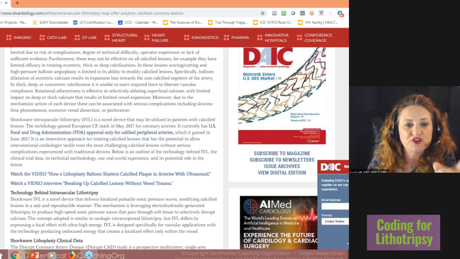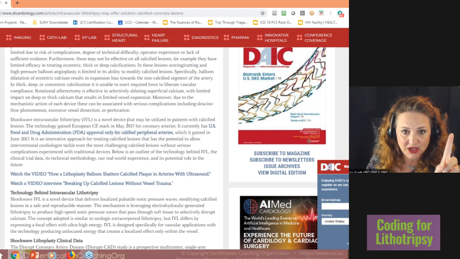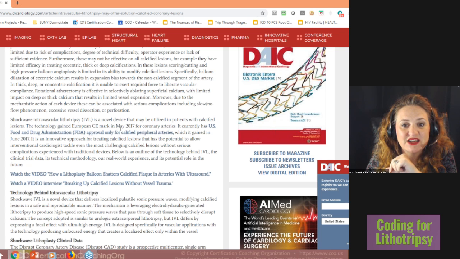Shockwave intravascular lithotripsy, IVL. You've probably never heard of this, and the reason is because it's new to the US. It is a novel device, meaning, okay, it's new, and it works with calcified lesions. The technology gained European CE mark in May 2017 for coronary arteries.